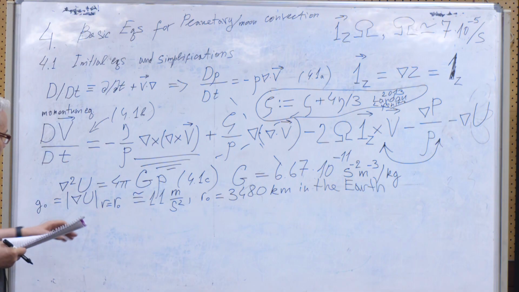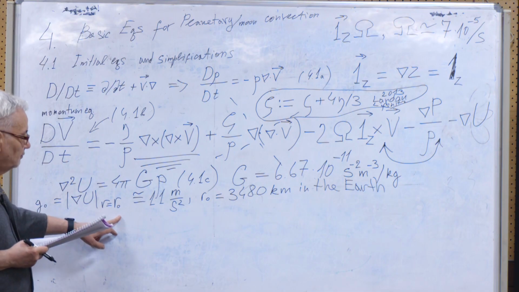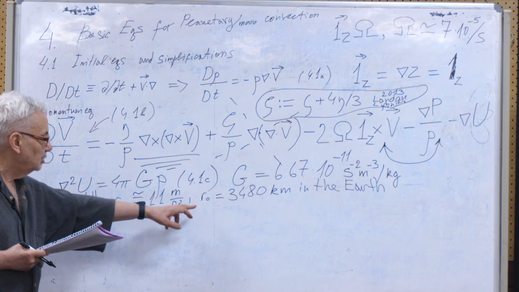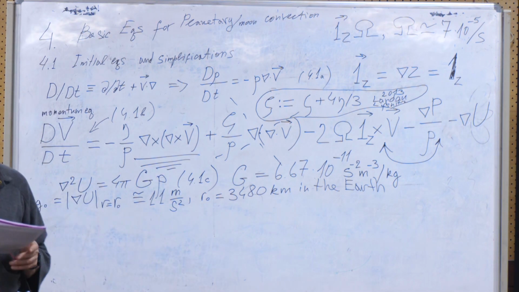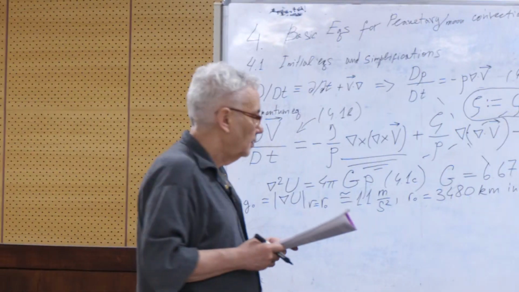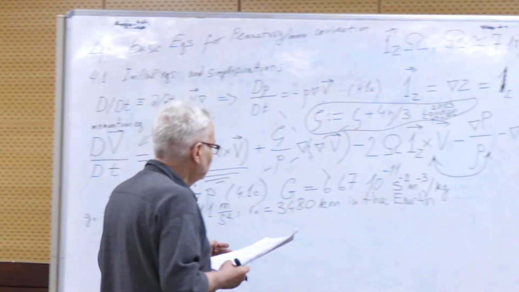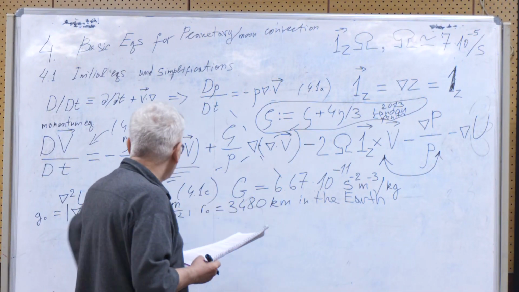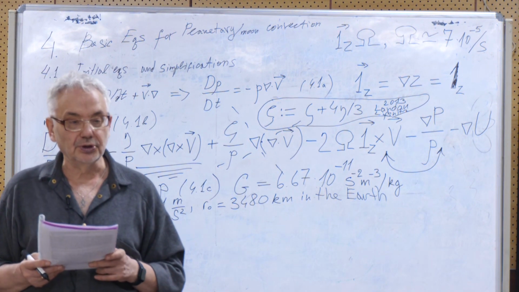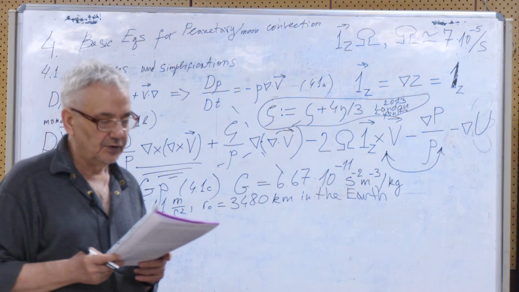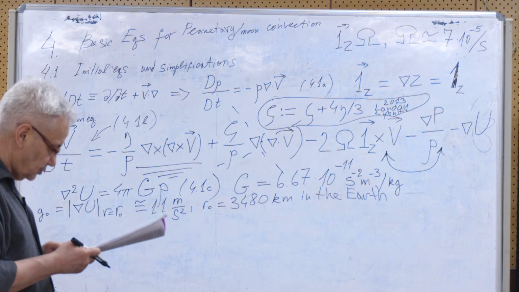And further, as we did previously, we denote this radius by the subscript 0, just to indicate that this is the outer boundary layer. Regarding the centrifugal force with such numbers, of course, it's not so important. It's even less than 1%. So we can safely neglect this centrifugal force.